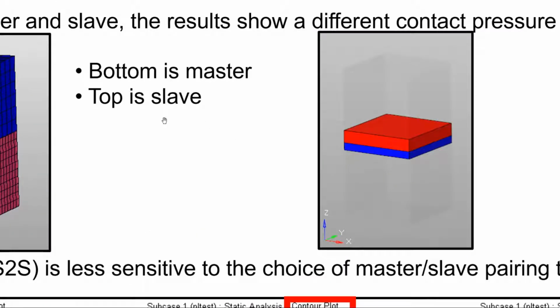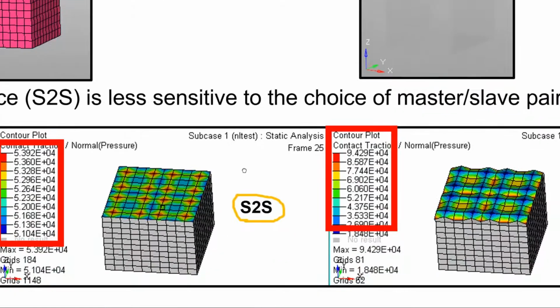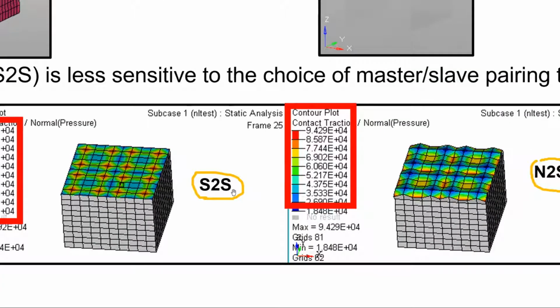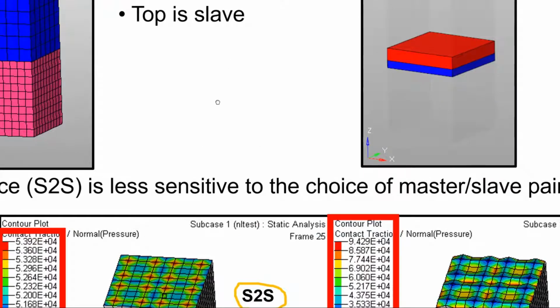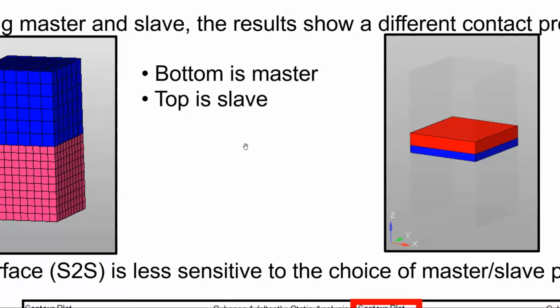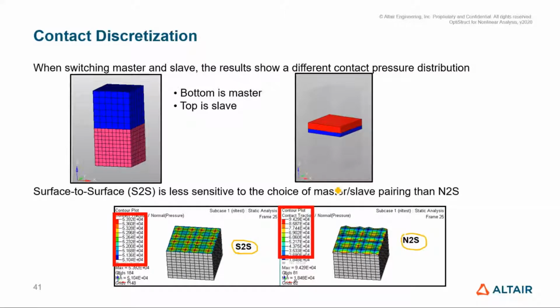So if you follow the rule of thumb, you are generally going to be safe, even if you use the wrong discretization. But that's why I always stick to surface to surface. No matter whether I follow the rule or not, I would generally have a better, more distributed contact pressure.